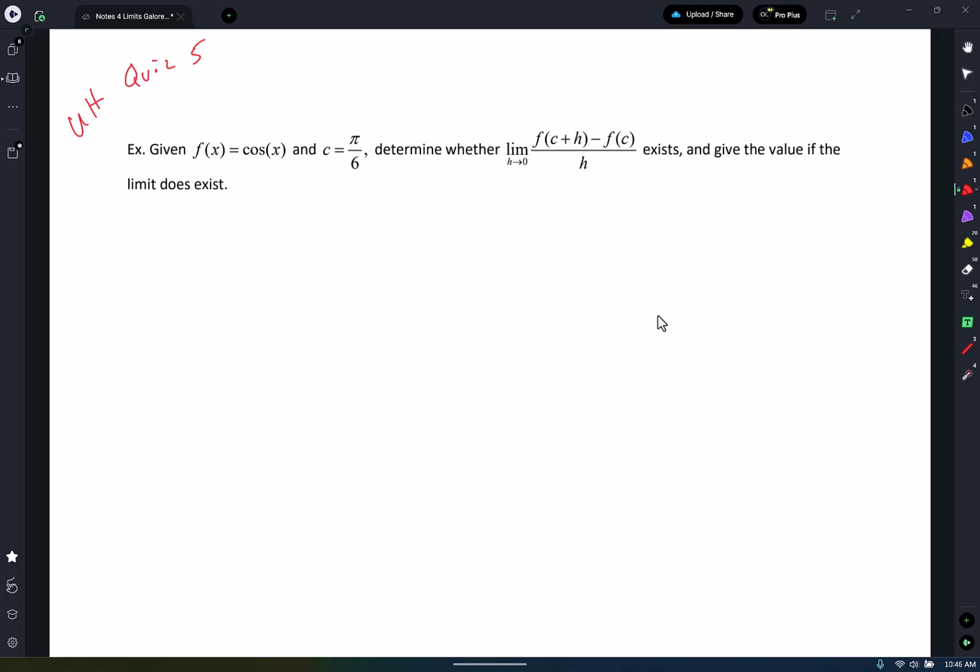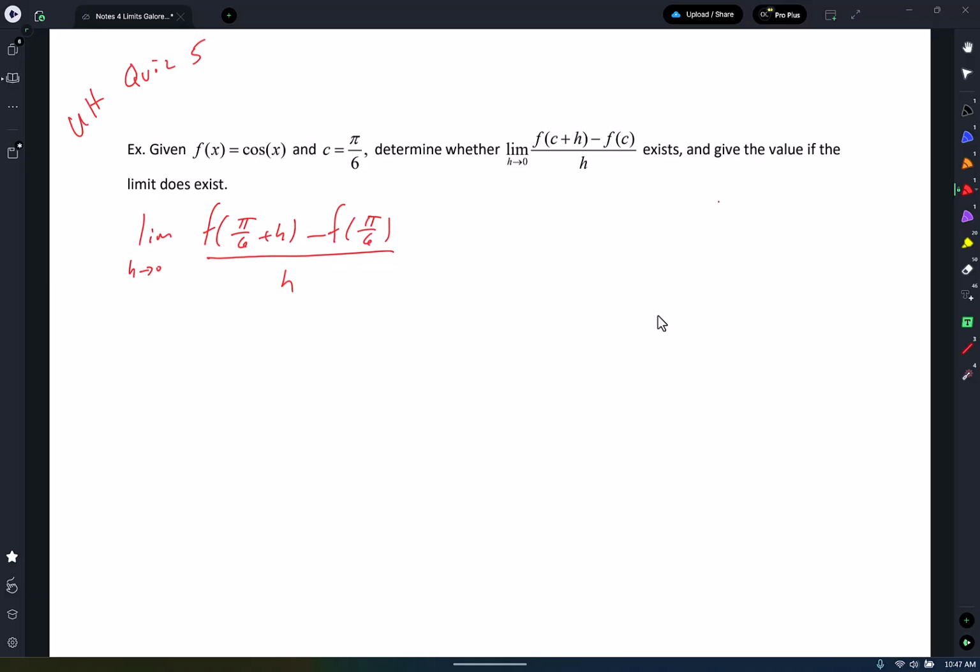It wants to know this limit. It goes limit as h approaches 0 of f of pi over 6 plus h minus f of pi over 6, all over h. So I'm going to figure out what f of pi over 6 is.